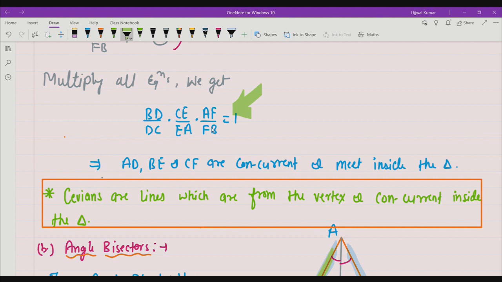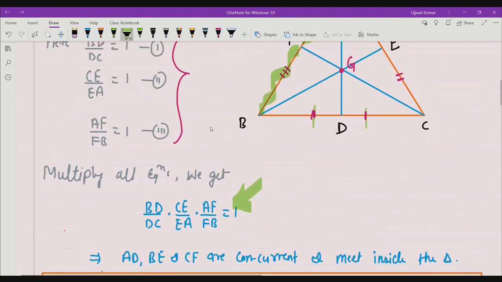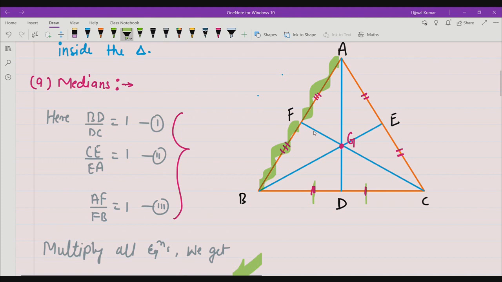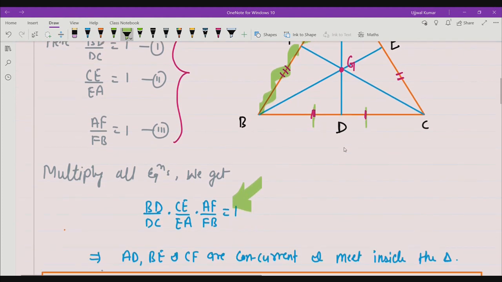That was the definition of Cevians. So AD, BE and CF, which were medians, are Cevians, and we know that Cevians are concurrent inside the triangle. So that concludes our first theorem.